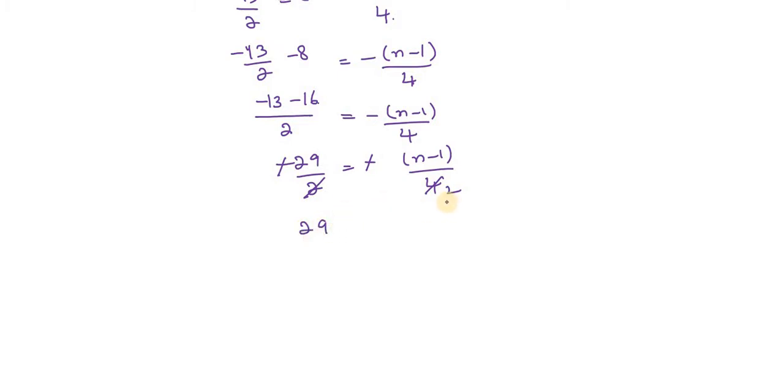2 in the denominator, going to the other side of the equality it will come in the numerator, is equal to n minus 1 upon 4. 29 2s are 58 plus 1 is equal to n. Then the total number of terms in the progression is 59.